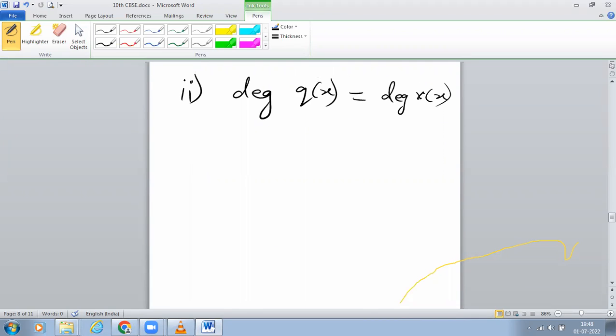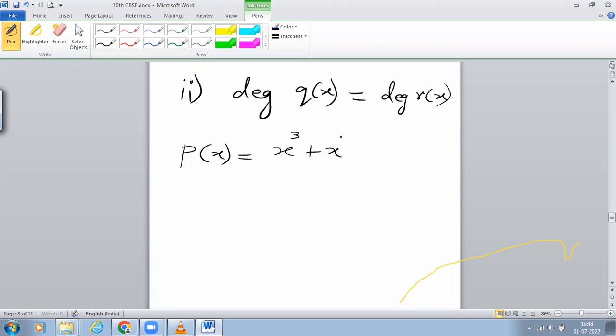For this, first we have to write p of x, that is the dividend. You can write whatever you want, but this is one simple example: without any coefficient, write a cubic polynomial.